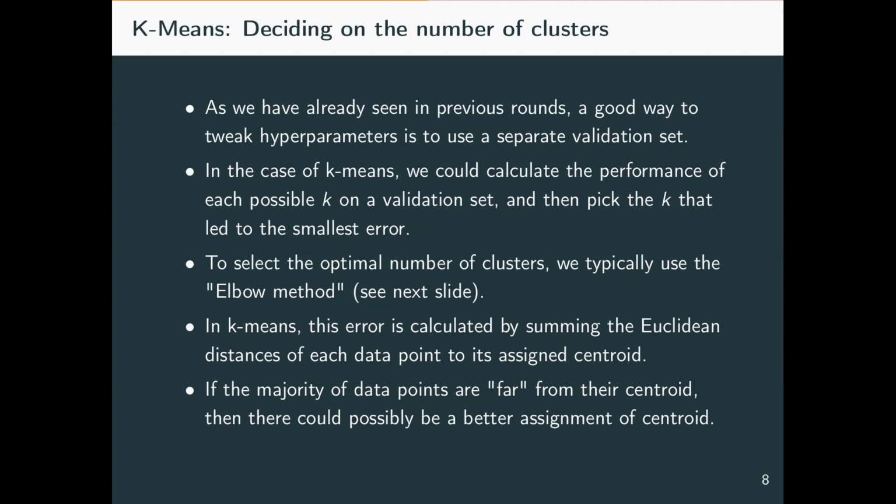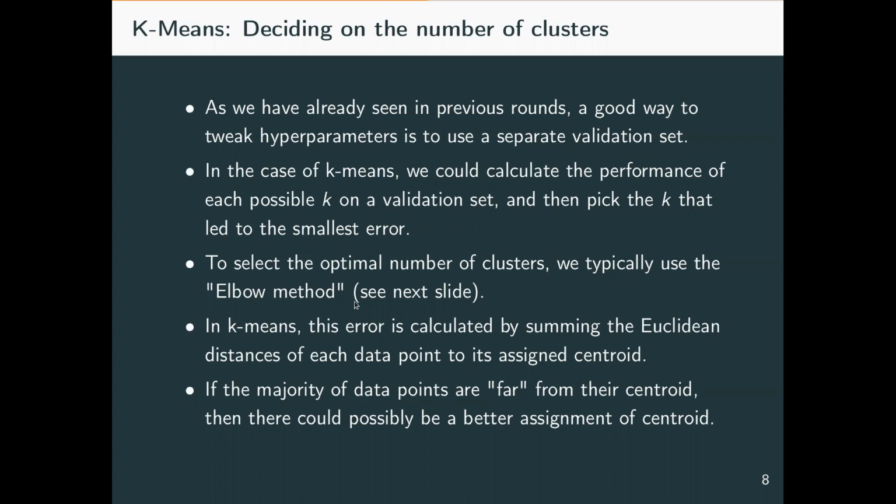Well, we will again use the validation set that we introduced before, and we will try out different k values, and we will pick the one that has the smallest error on the validation set. And to pick the one, we typically use the elbow method, which will be shown in the next slide.